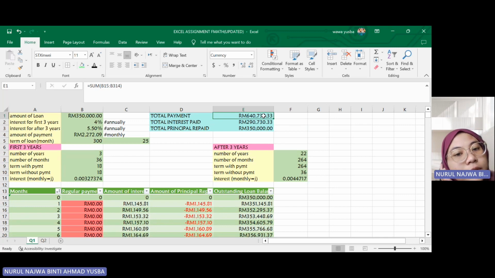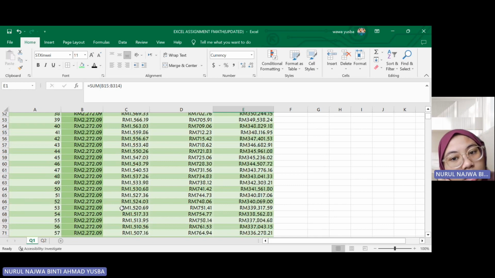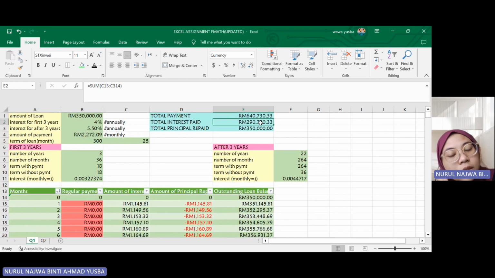And then for total interest paid, I also sum from here until the end, and then I got 290,730.32. And the total principal repaid that we calculate, I sum up here, will be the same value as the original outstanding loan balance, which is the PV.